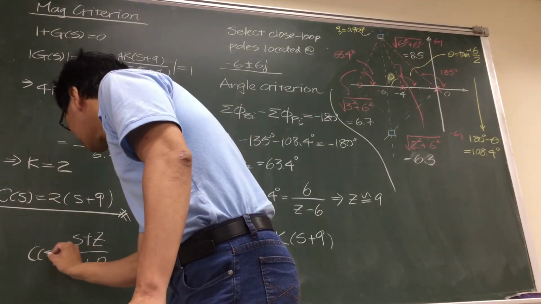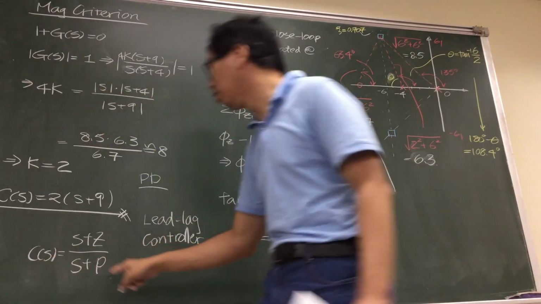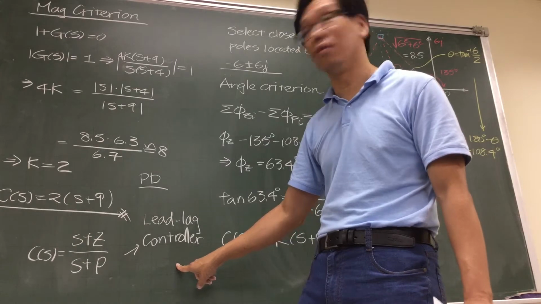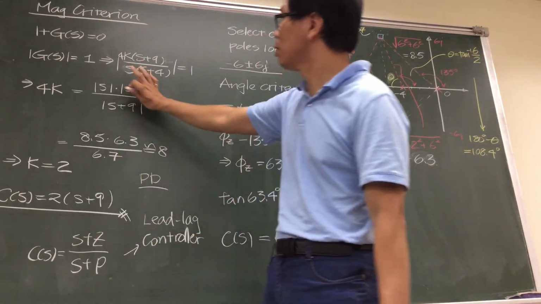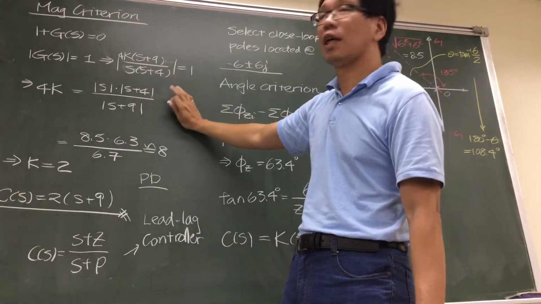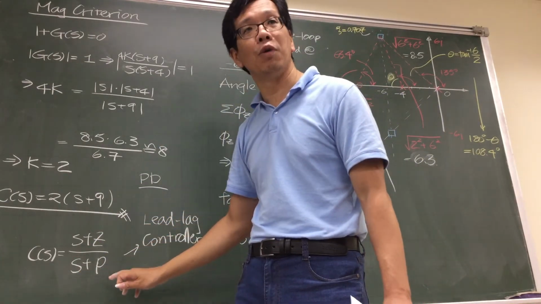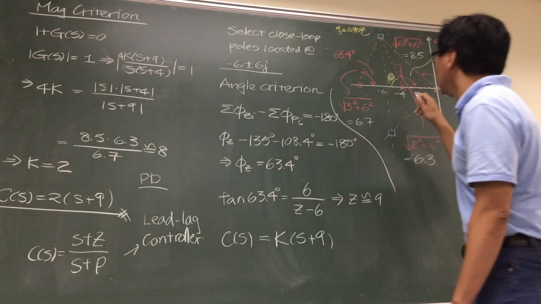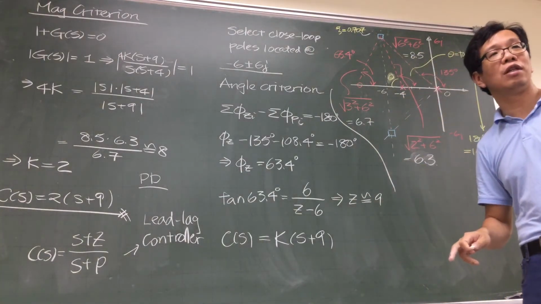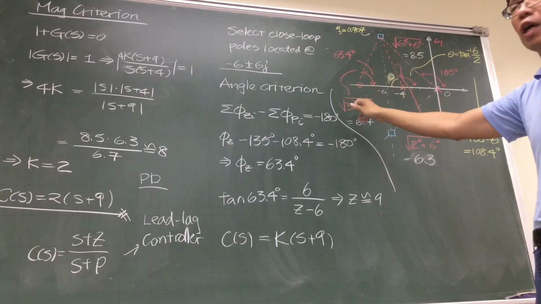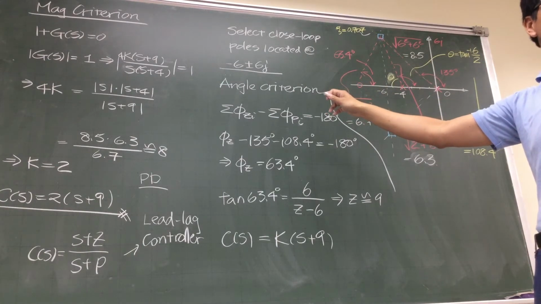So next time when we come back, we're going to talk about the lead lag controller. Just keep in mind, you just have your controller like this, but it's going to add another pole, which is far away. If you are too lazy to design everything, you can just put your pole location equal to 1,000 or 100.